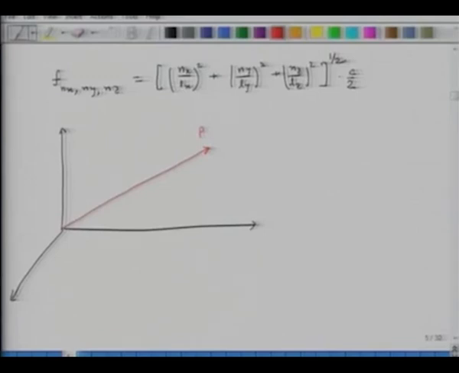So it has to reside at the node points, at the grid points of these parallel lines. It has to lie at the intersection of these lines. So in this case, I have to extend it a little bit.